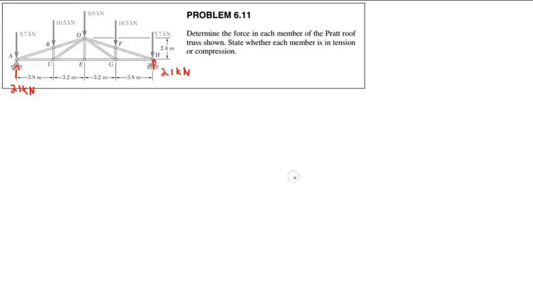One question: DE is shown as a zero force member. Can you tell that by inspection? By inspection, yes, you can tell that member DE is a zero force member. Look at this joint here.